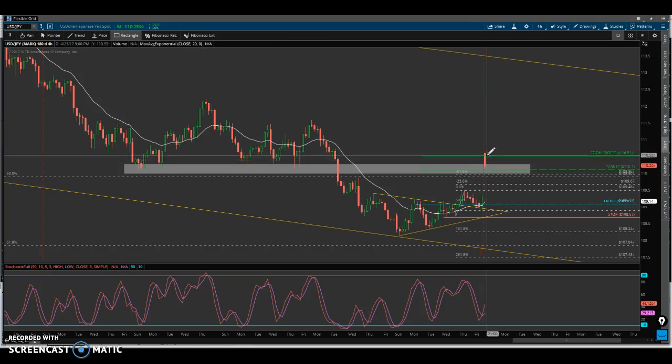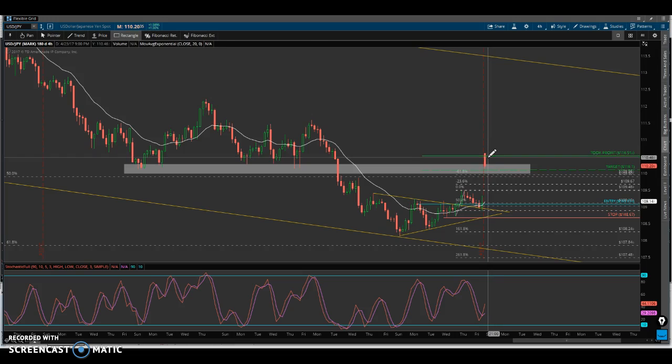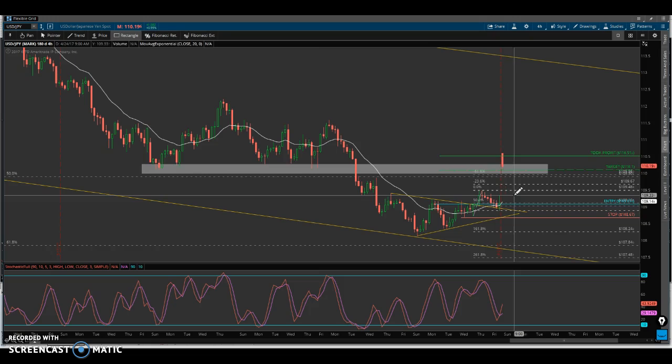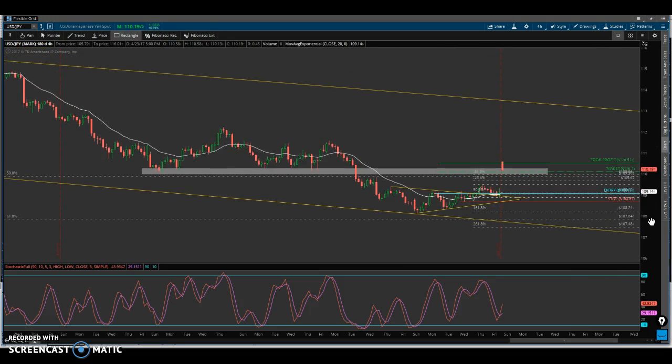We have actually come back down and retested this area and had a nice little pop up off of it, but we've since come back down and are sitting back down in this area here. With these large gaps, you can see gap fills. People look for gaps and trade the gap fills because markets are driven by orders, and there's probably a lot of orders sitting around here.